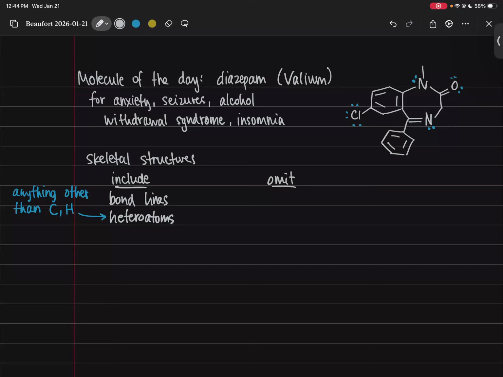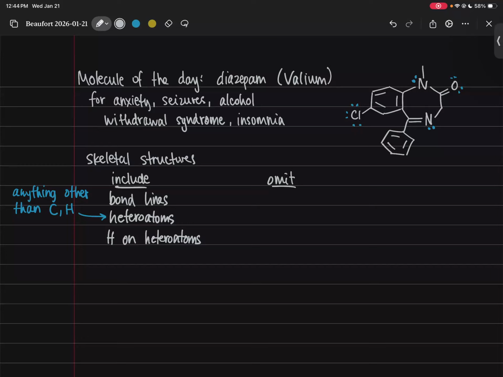To include bond lines and heteroatoms, we also include hydrogens on heteroatoms. And assuming that this structure is drawn correctly and completely, which it is, this tells us that there's no hydrogens on any of the heteroatoms that we've drawn there.